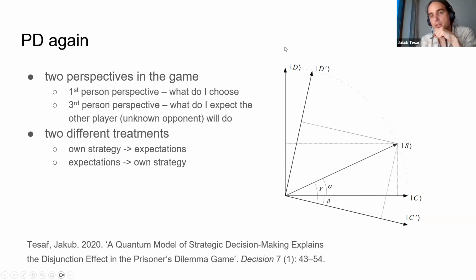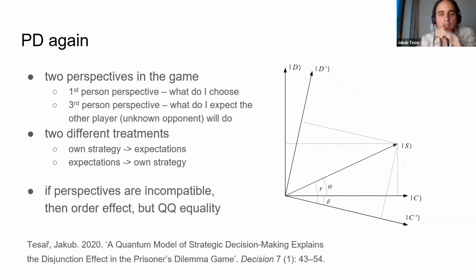But if I ask you in the opposite order, then you first have to project it into the third person basis, then normalize, and then project it back to my own perspective. So that's the expectation of the model.